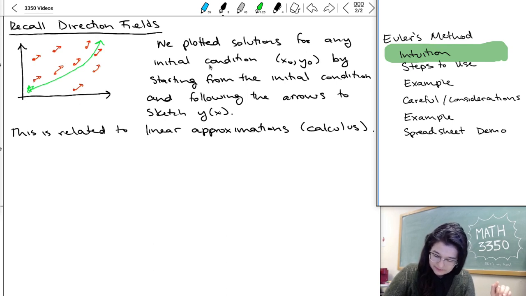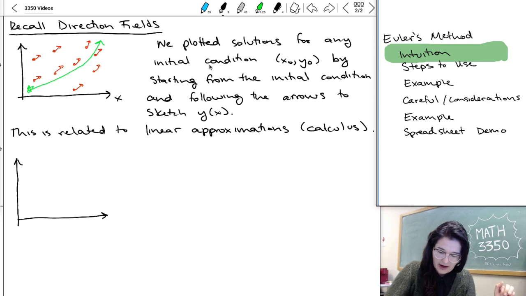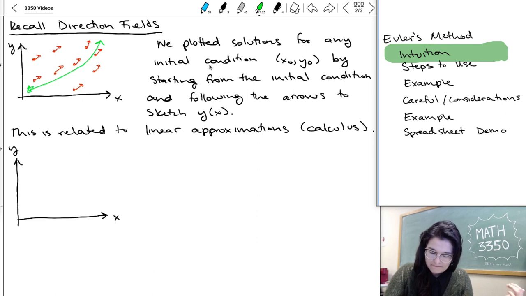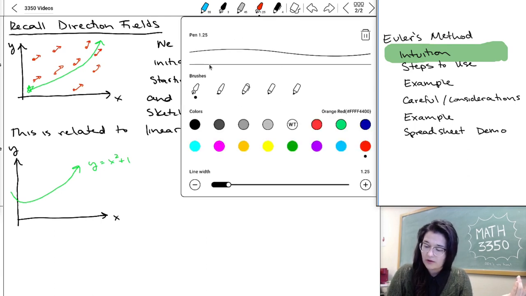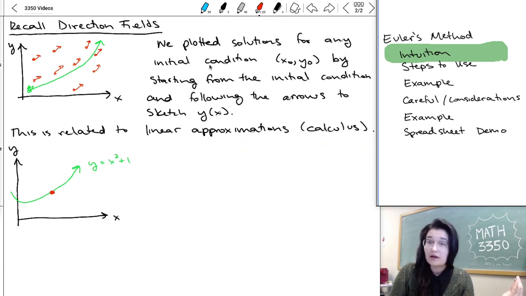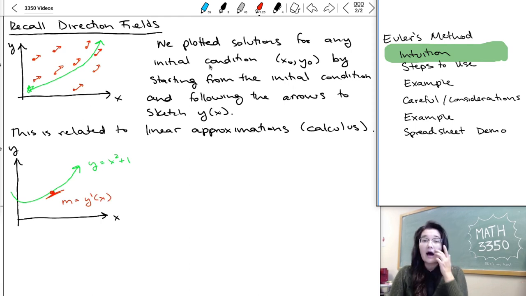Going backwards a little bit, when you had some function, y equals x squared plus 1, you learned how to, at a point, compute the derivative, which gave you the tangent line approximation, where the slope of the tangent line is the derivative.